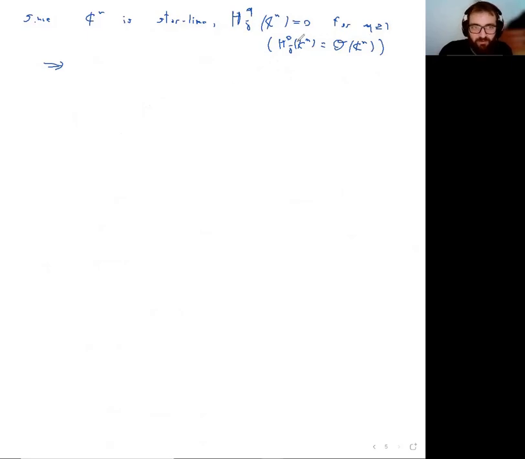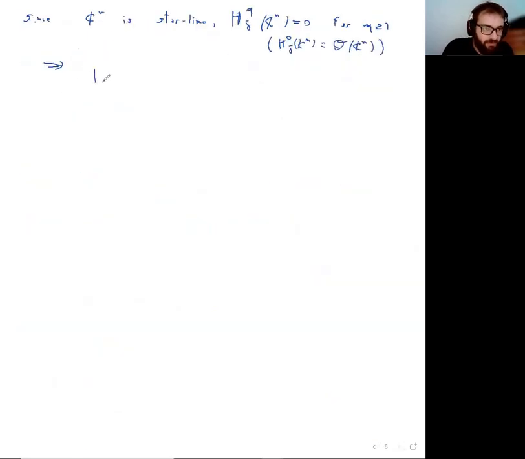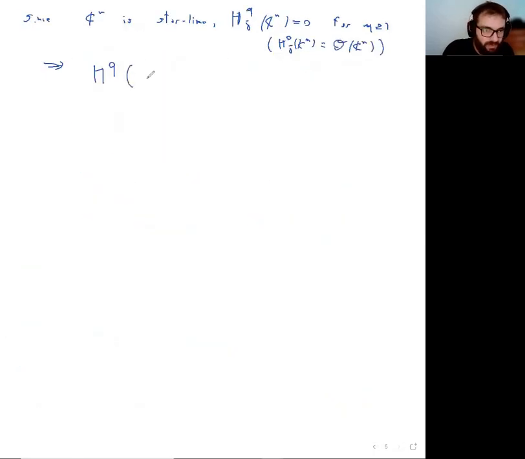We don't need star-like or anything. So this we know from the Poincaré-Grothendieck lemma, and this in particular implies by this isomorphism that the H^q of C^n with coefficients in holomorphic functions is zero as well.